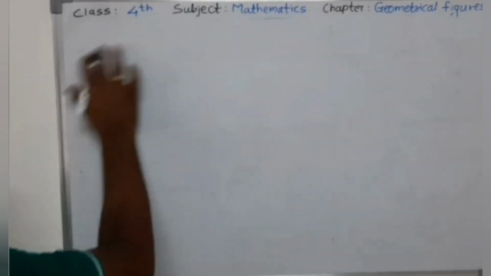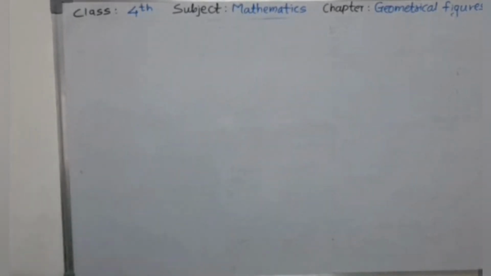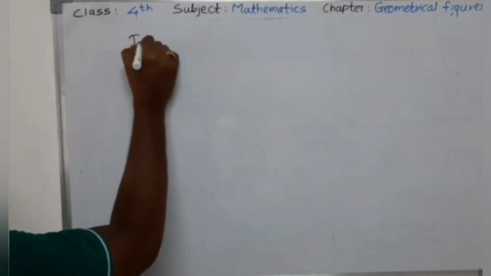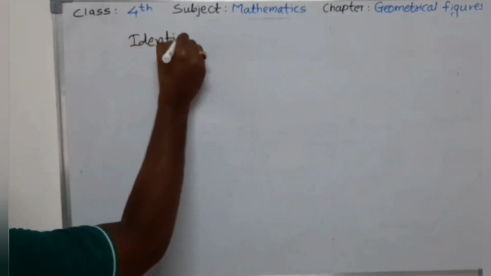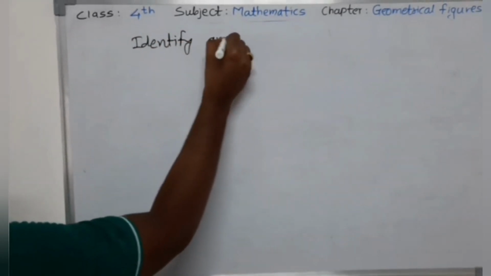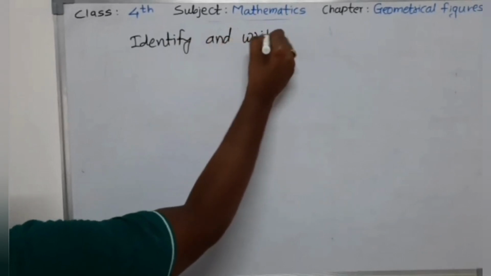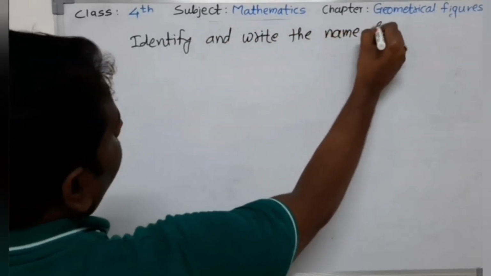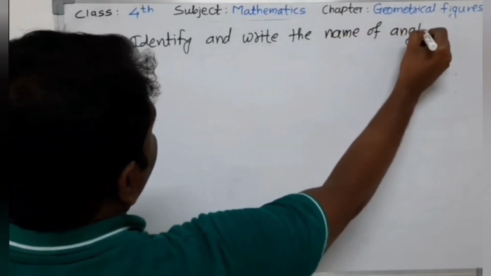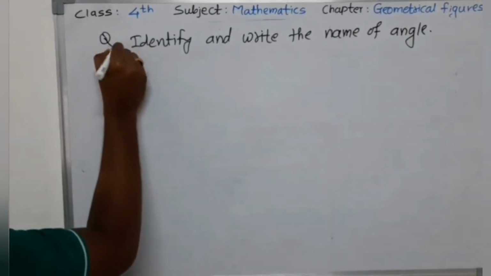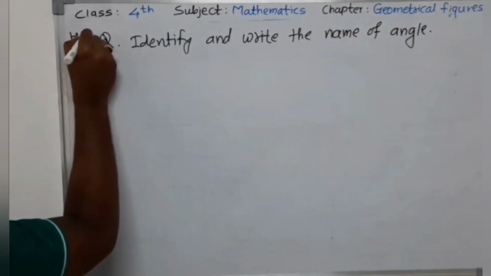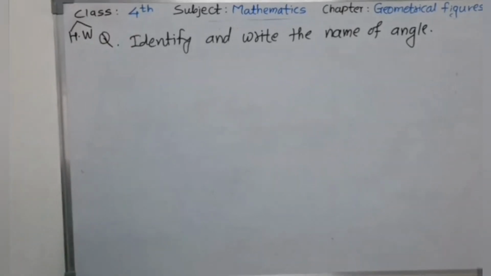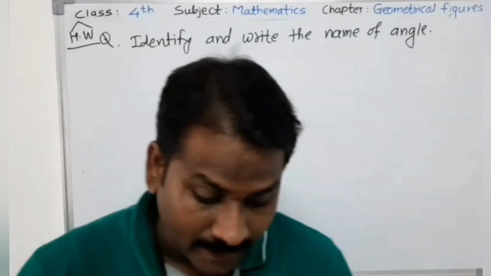So you have to fill the blanks. Identify and write the name of angle. So this is the question for homework. Okay. So identify and write the name of angle.